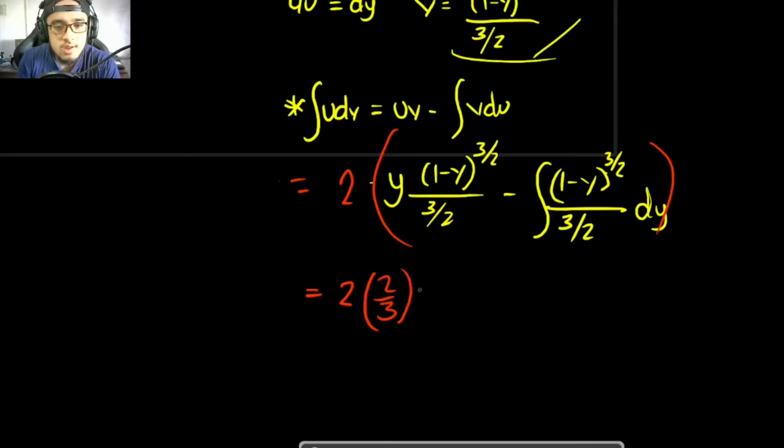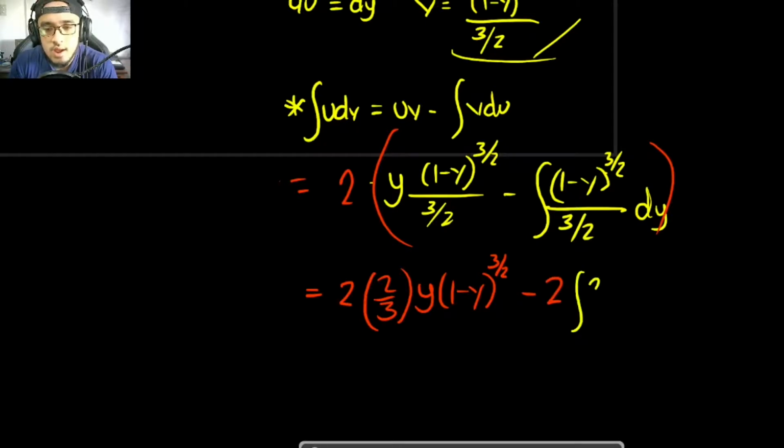So 2/3 times y times 1 minus y raised to 3 halves minus 2 times the integral of, once again, 2/3 times 1 minus y raised to 3 halves times dy.